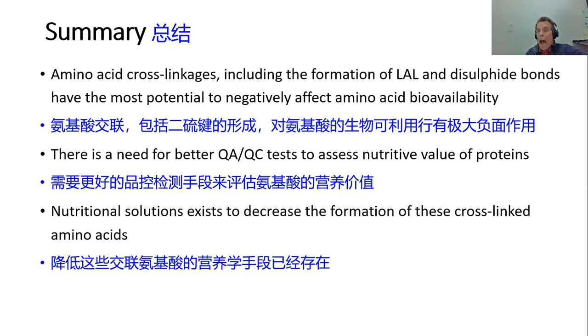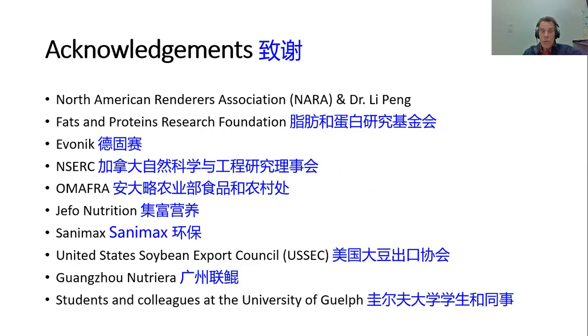After the fact, there's also a solution we've demonstrated with feather meal: a simple treatment with sodium sulfite and a commercial protease. We could tremendously improve the digestibility and bioavailability of nutrients in these commercial feather meals with this simple treatment. So there's hope to be able to deal with it.